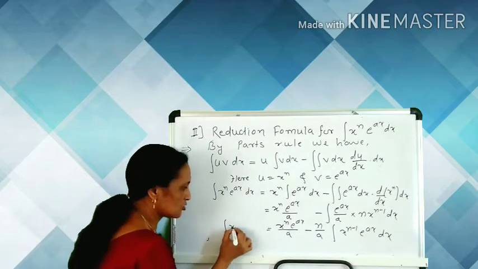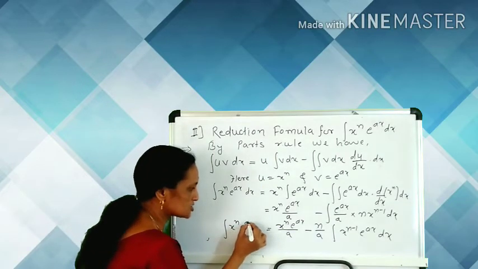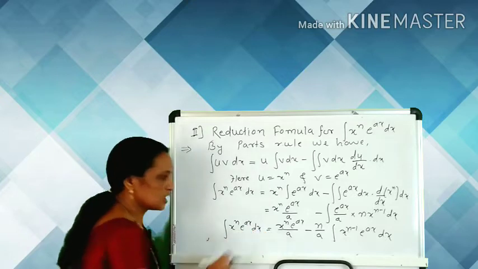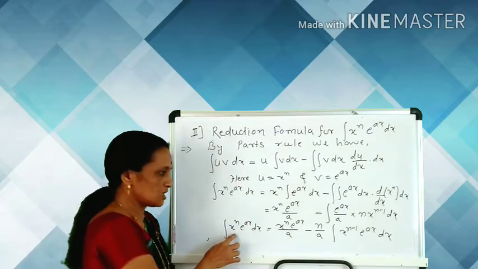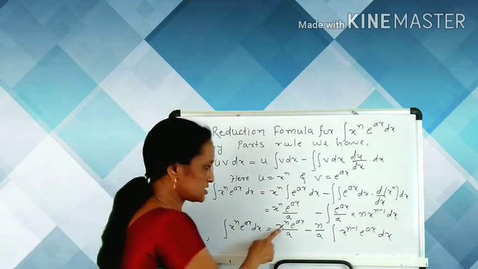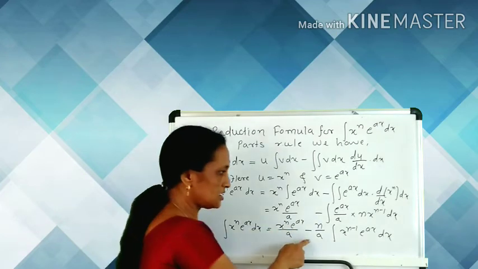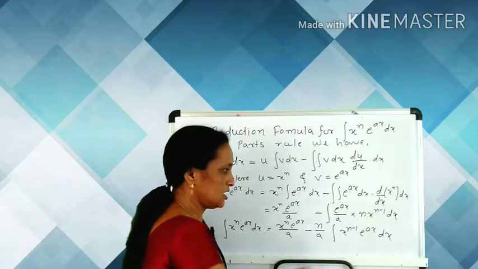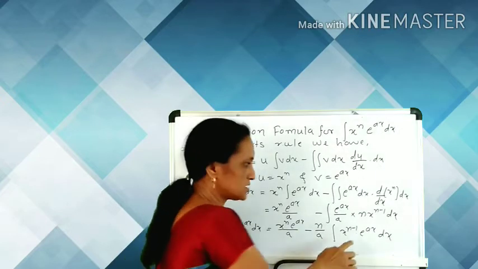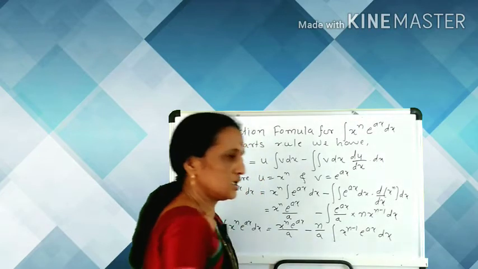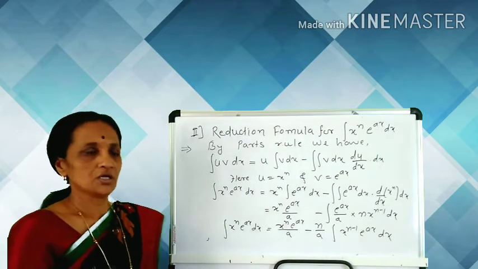Means here we find the integration of x raised to the n e raised to ax as x raised to the n e raised to ax divided by a minus n by a into integration x raised to the n minus 1 e raised to the ax into the dx.